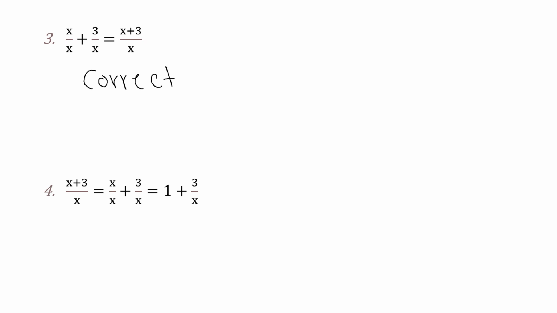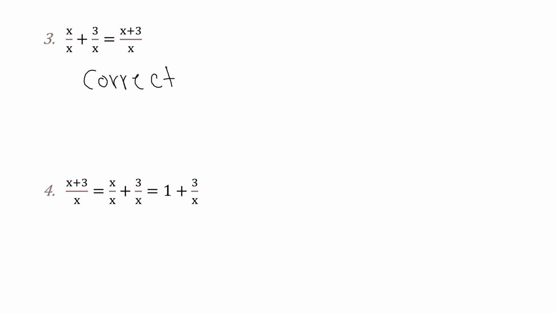Now number 4, there's 3 steps here; we have to process through each one to get to our final answer. Actually it's the same problem, it's just taking one extra step. My denominators match, x, x, x. My top, x plus 3, x plus 3. Now here's the thing though.